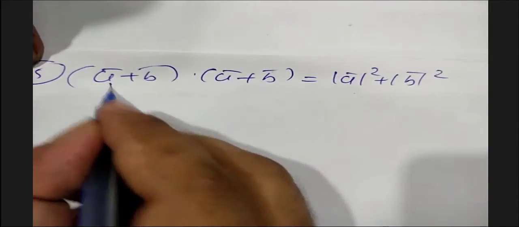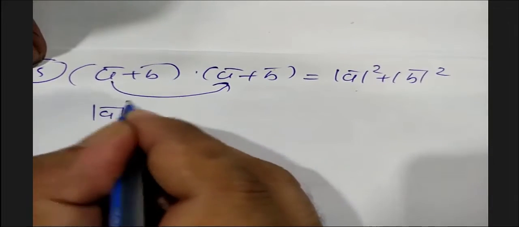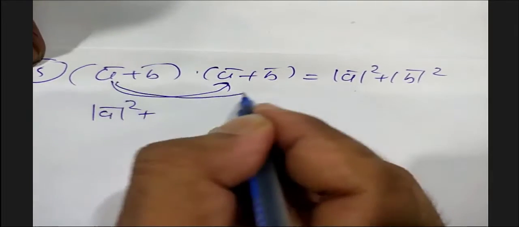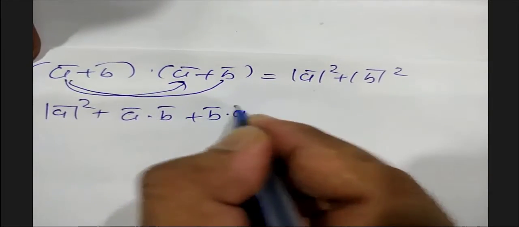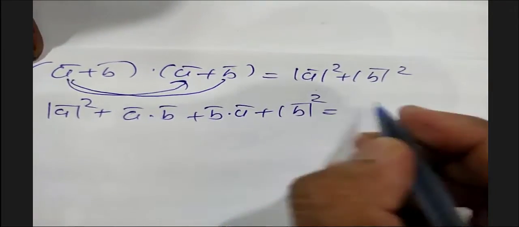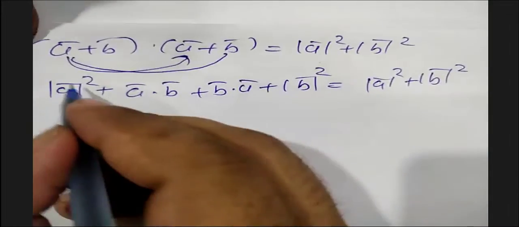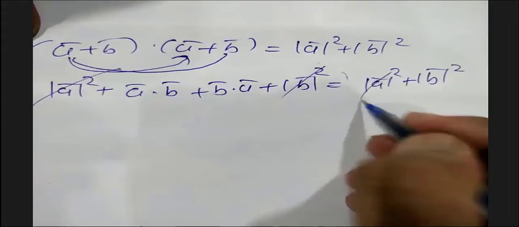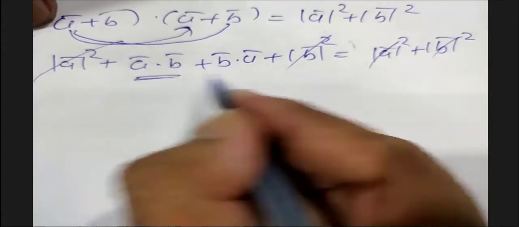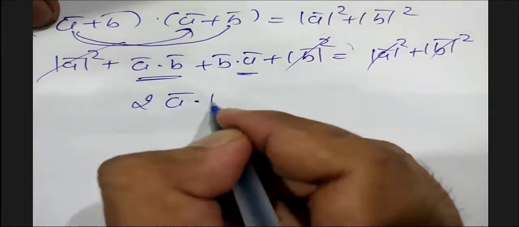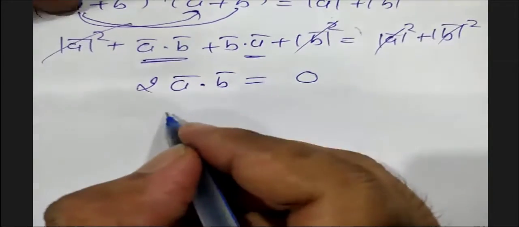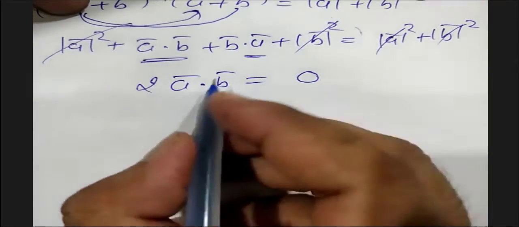Let's try it. Let's multiply: a square plus a bar dot b bar plus b bar dot a bar plus b square is equal to a square plus b square. As we know, a square and b square cancel, and the order of the dot product has no importance, so you can write 2 a bar dot b bar is equal to 0.